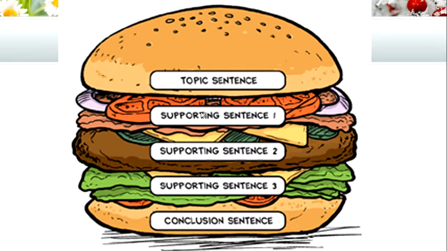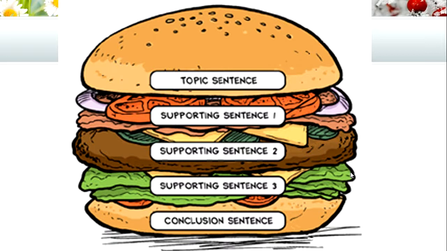Of course, Yogyakarta has perhaps things that you don't like. It's possible, but because your topic sentence is talking about the good aspects of Yogyakarta, then the supporting sentences should support the topic sentence.